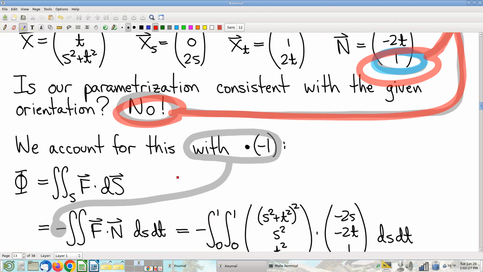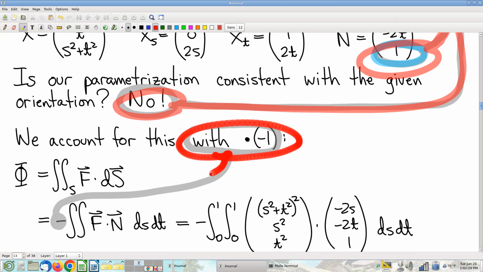I'm going to fix it with a minus sign in recognition that every single term in my integral is exactly backwards, aka my answer is going to be off by exactly a factor of minus 1. I fix it by putting in an extra factor of minus 1, and we go about our business. It's as simple as that. That makes sense to everybody?